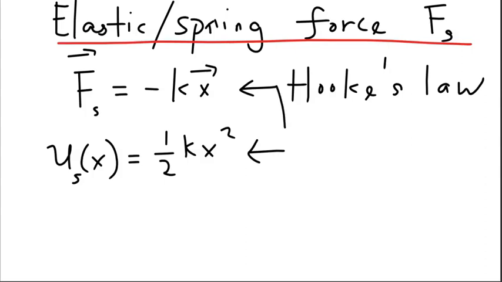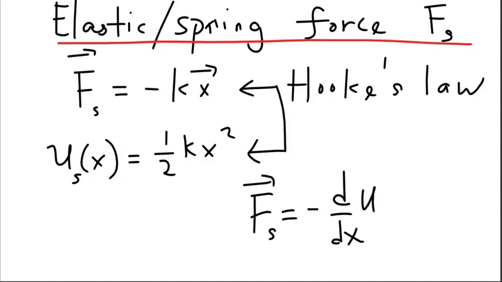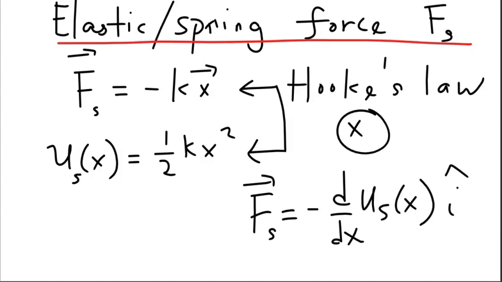Now when you connect these two expressions, you see that the spring force can be expressed as minus x derivative of that potential energy function with the i hat, because now x is the axis involved and the unit vector along the positive x-axis is i hat.